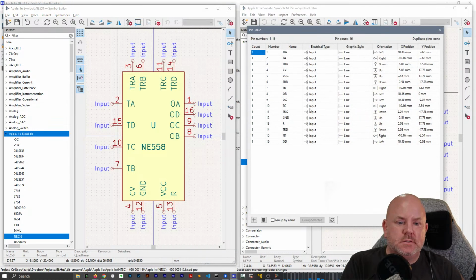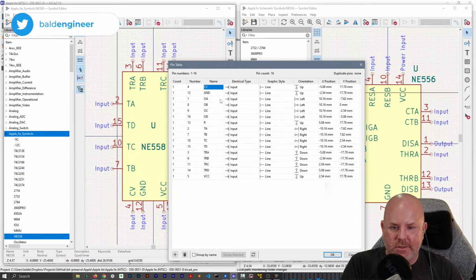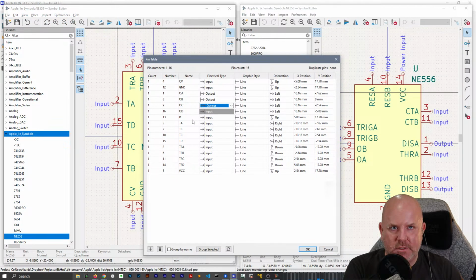All right. I've probably already figured that out at some point. I just don't remember. Out. Reset, is that an input? Yeah. And then timer, or is this timer? No, this is trig. These are the triggers. That's the thresholds.